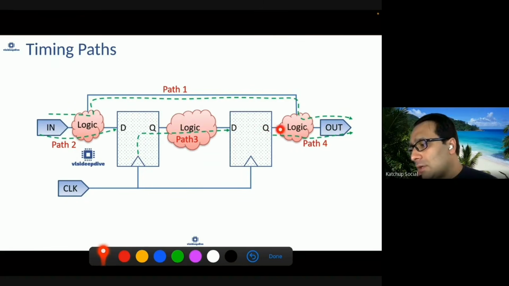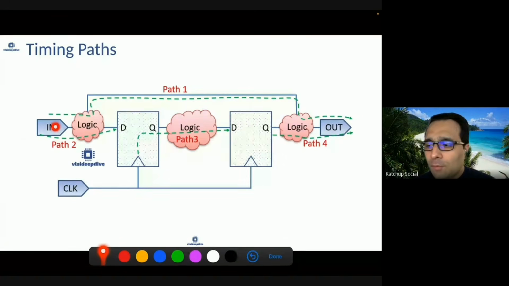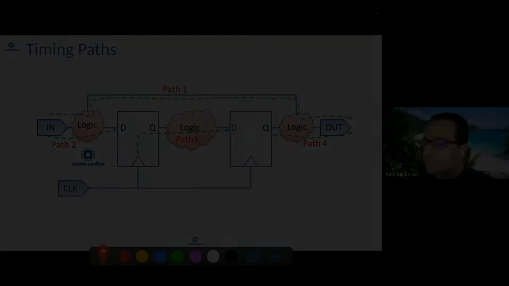Then this sequential element to the output port. So basically the whole design logic is broken down into smaller parts known as timing paths. Timing paths are either from flop to flop, or port to flop, or flop to output port. And then timing analysis is performed on each of these timing paths, which are smaller components of the design.